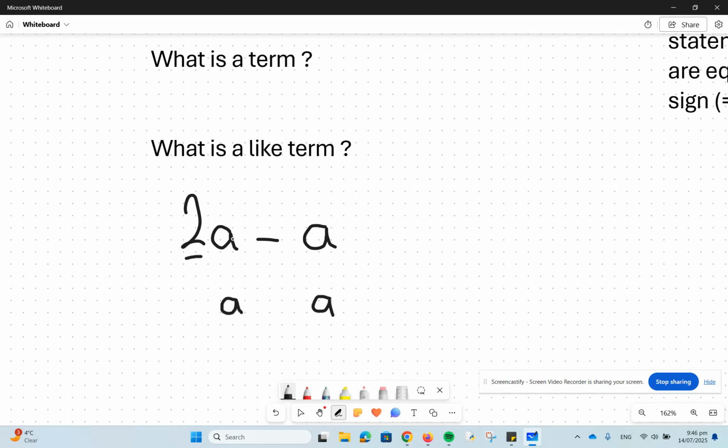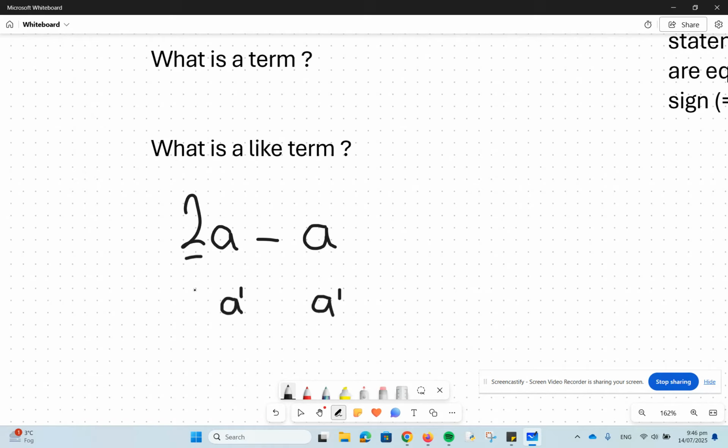This is a, and there's no exponential power there. If there's no exponential power, that means it is a 1. You just don't write it. So are they the same letter? Yes. Are they the same power? Yes, they're both a to the power of 1. So they're like terms.